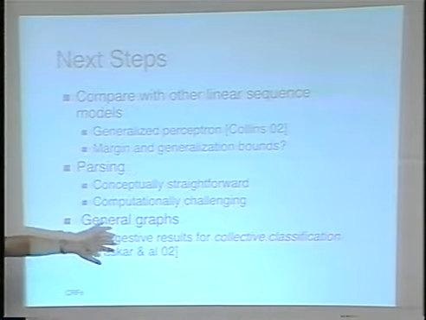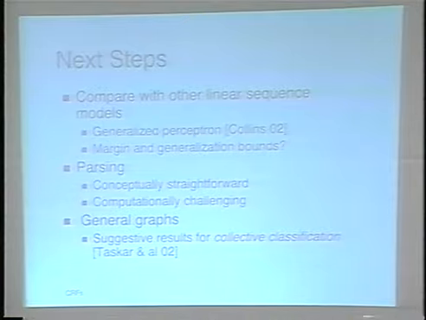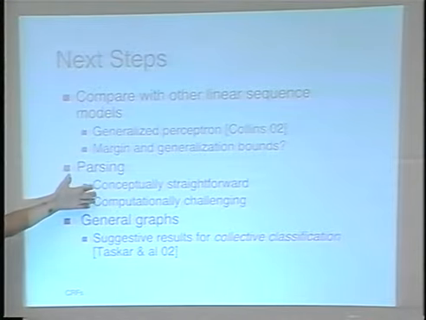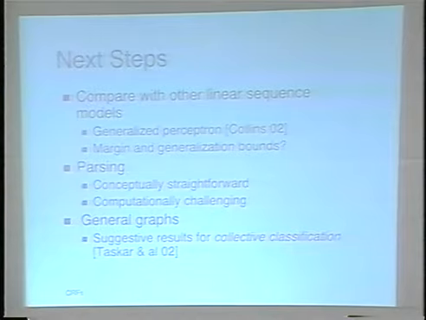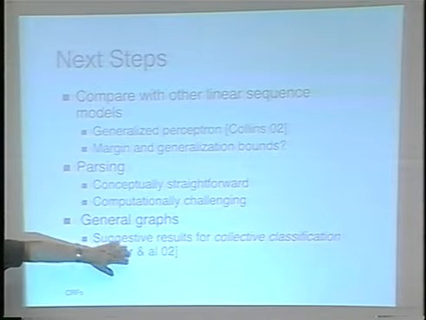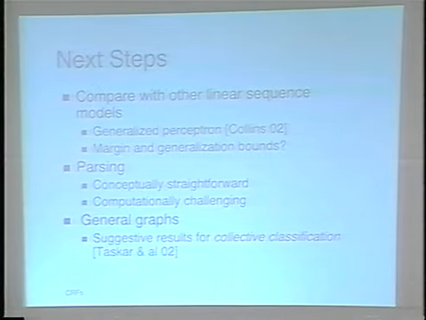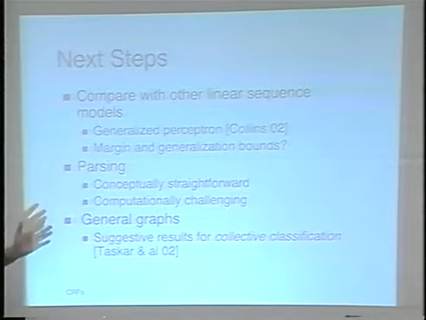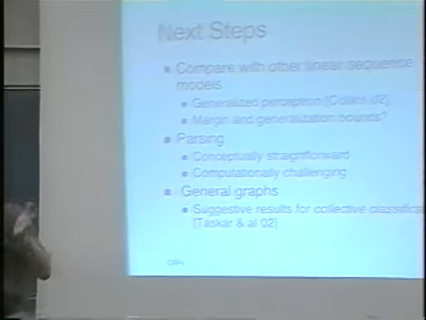Another interesting thing: I was just talking about chain graphs or tree-shaped graphs for the case of parsing. But you can say, forget about these chains, use loopy belief propagation and work with general graphs. For sequence problems, that might not be a practical thing to do, I don't know.